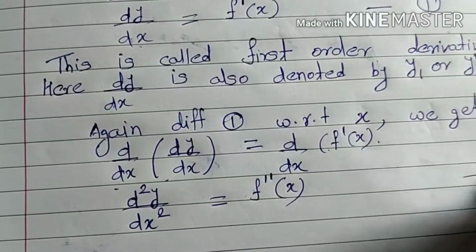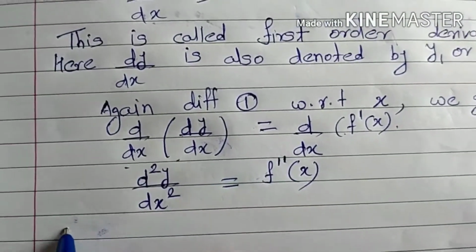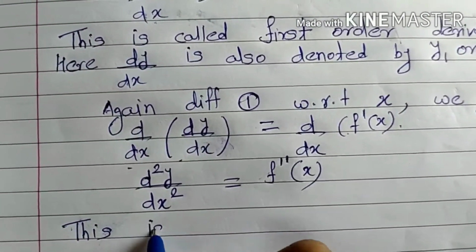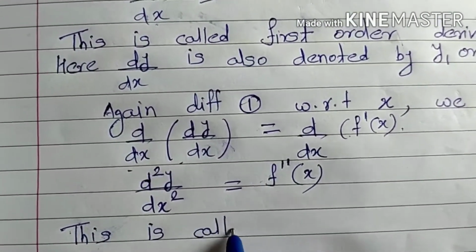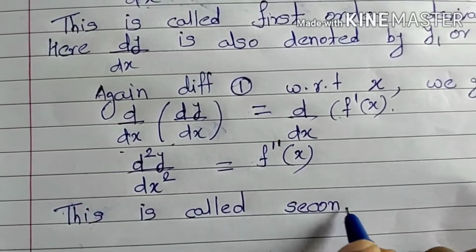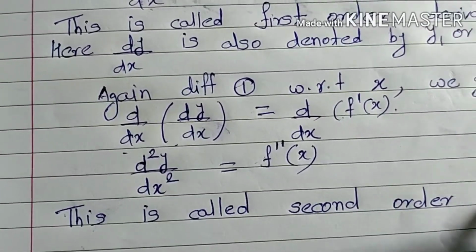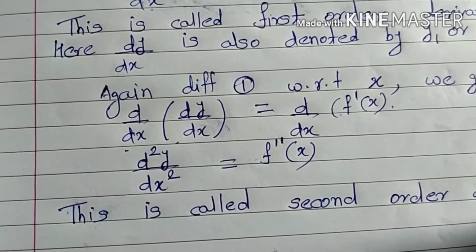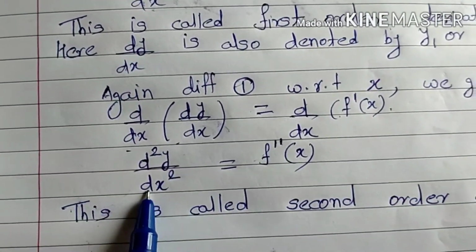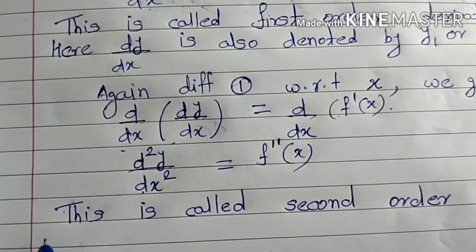Give it second. Now this is called the second order derivative. And this d2y upon dx square is also known as y2 or y double dash.